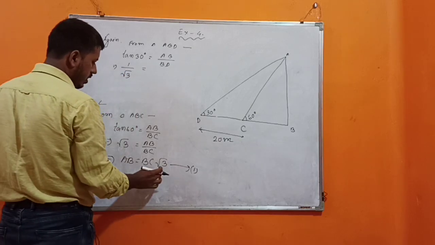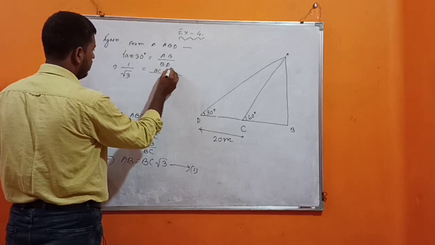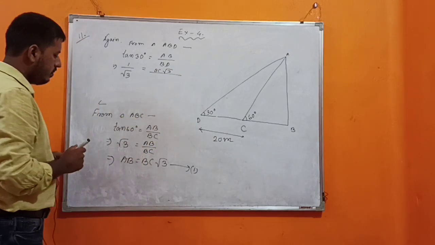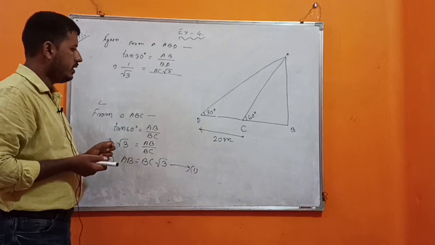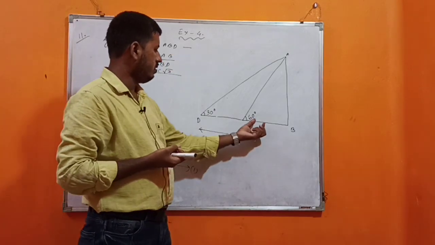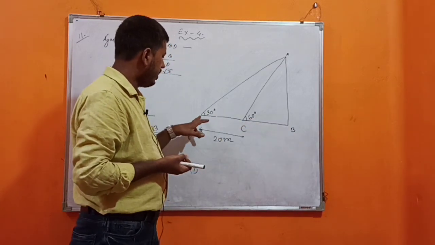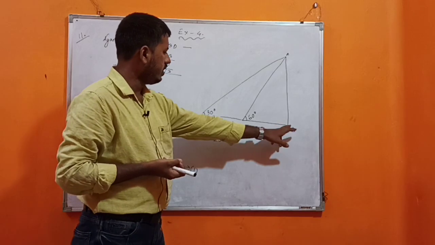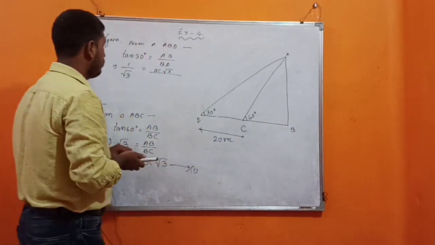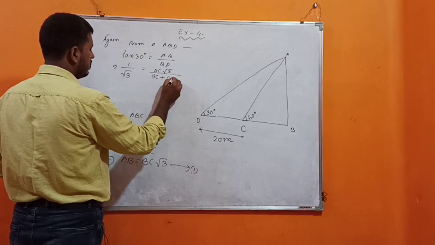AB here is BC root 3. I am writing BC root 3. AB, please look at this, I have replaced AB, here I have put BC root 3, and BD, as we are to find BC, so BD I have split as BC plus CD. Look at this, BD can be written as BC plus CD. So I am writing BD as BC plus CD.